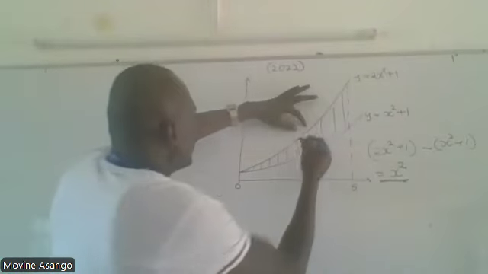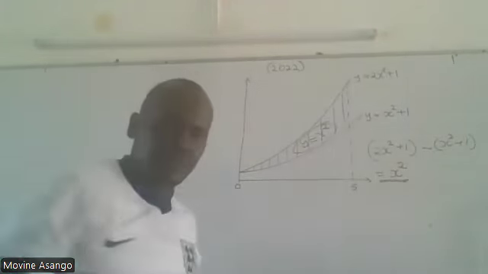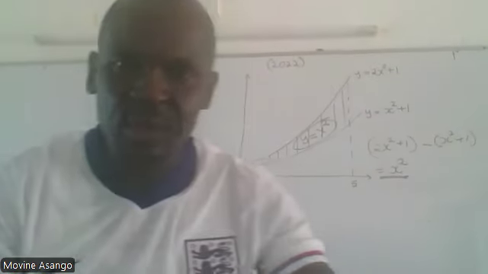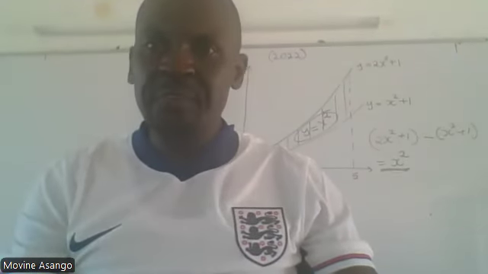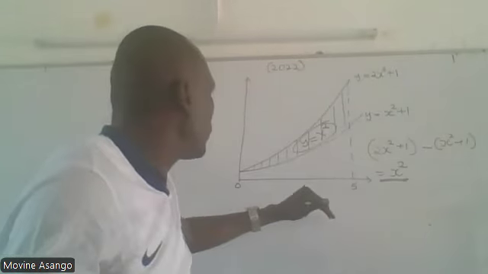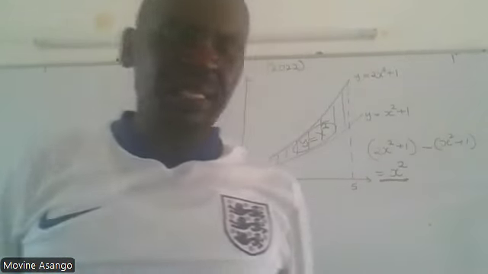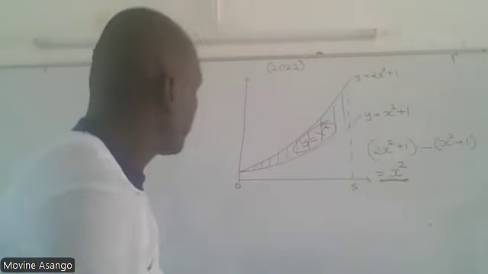So this region is y is equal to x squared. That is the region, the upper minus the lower. We expected the candidates to start by saying upper minus the lower to define the region. Once that one is done, the whole equation can be sorted out.